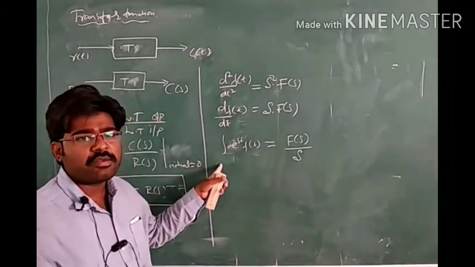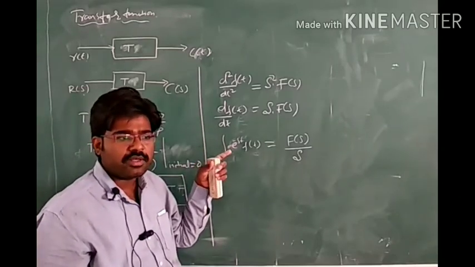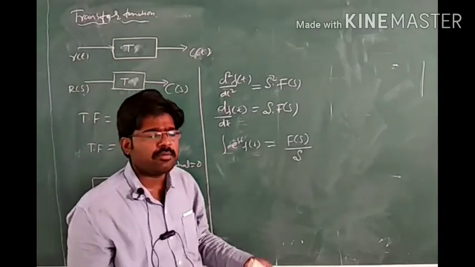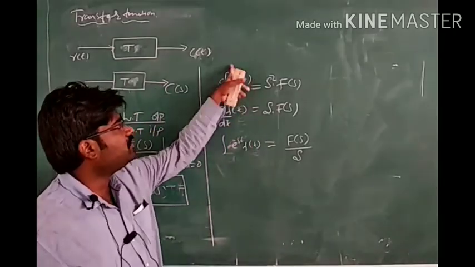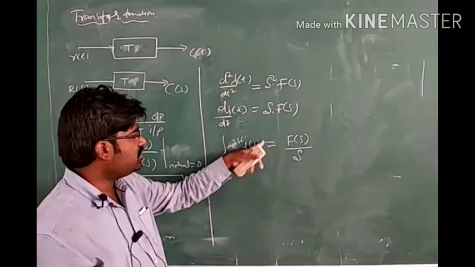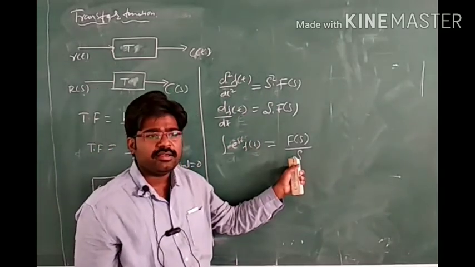These three also we have to remember. These three are very, very useful. Everywhere the first step of the problem starts with these steps only. The equations will be given in this format, and their conversion will be like this.